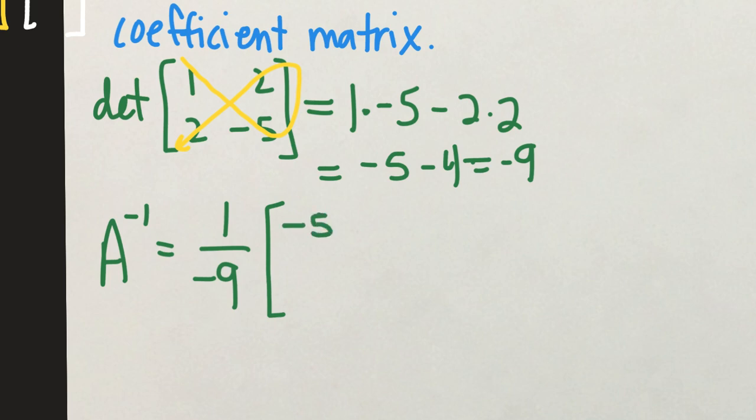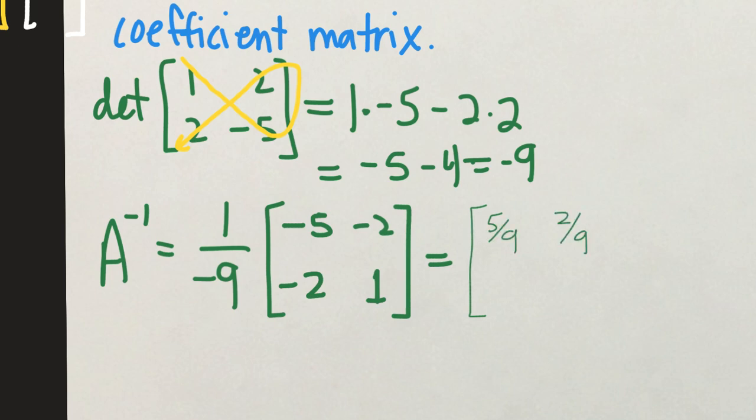So this is a -5 and a +1, and then both of these 2's become negative. And when I multiply all of these terms by -1/9, because that's our last step, I get a 5 over 9 in this position, and then a 2 over 9, and then another 2/9, and then a -1/9. I found that by multiplying all 4 of these terms of your matrix by this -1/9.